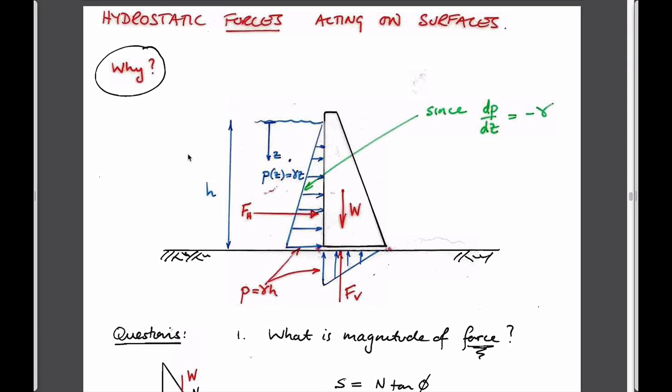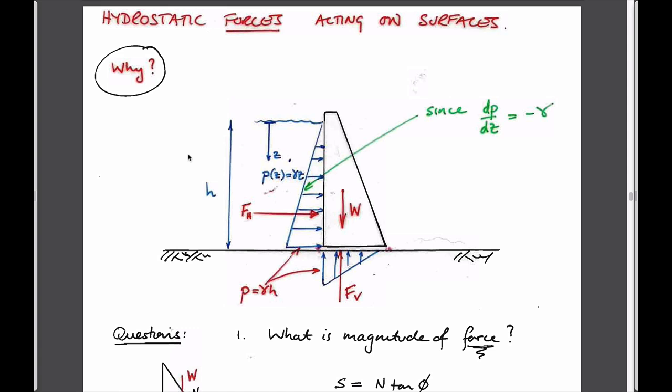Pressures on structures. What were the three important tenets we talked about? One was that we can calculate the magnitude of the resultant force by using a simple formula: depth of the centroid times the unit weight of fluid times the area of the plate. We can calculate the location where it acts by using the parallel axes theorem.